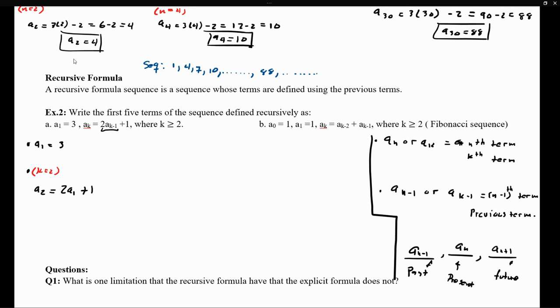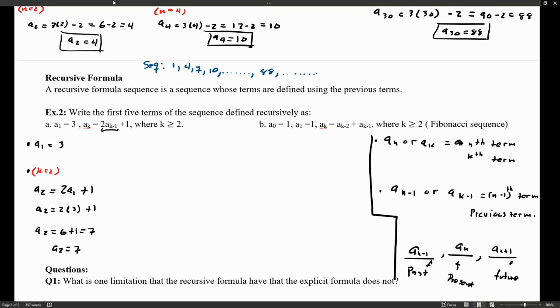This means the first term. So we're defining the second term in terms of the one that came before, the first term. I can plug in what I know: the second term is 2 times the first term, which is 3, plus 1. That is 6 plus 1, which is 7. So my second term is 7.